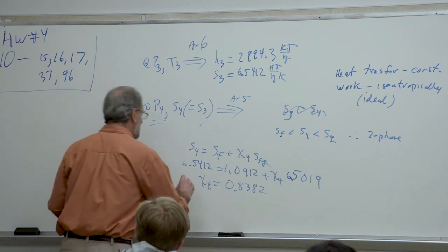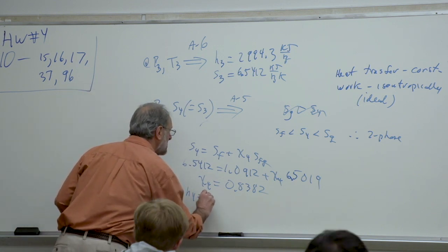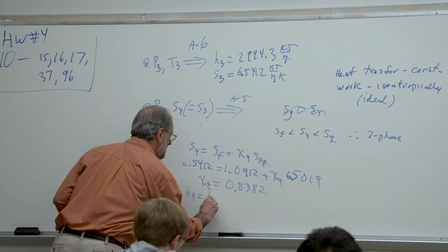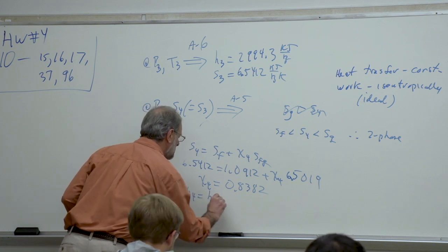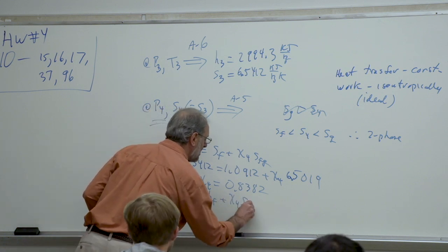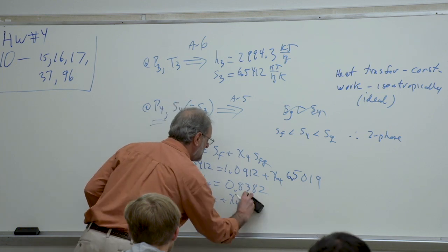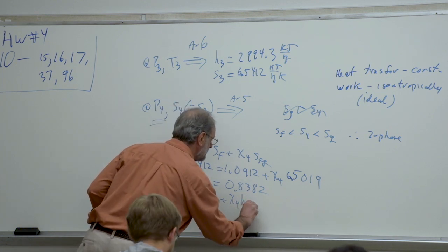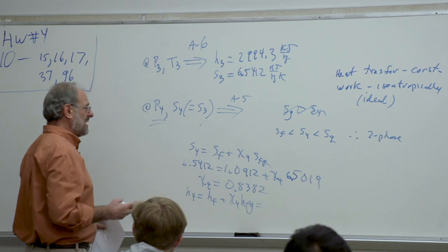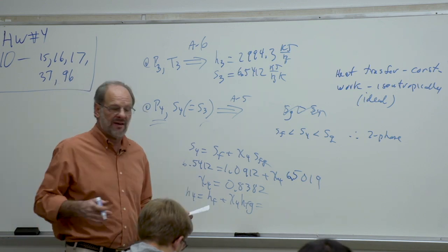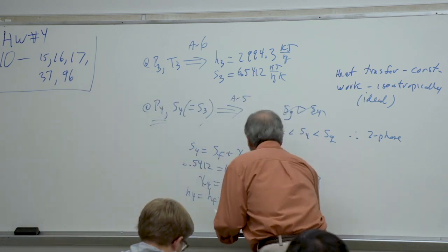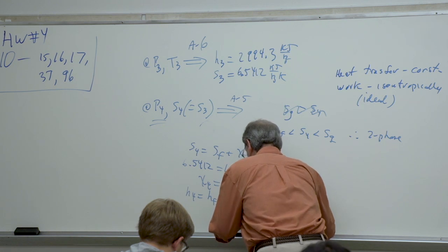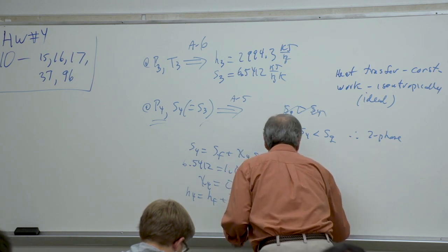And now that we have the quality at 4, let's use the same equation that we did above, but now with enthalpy. H4 equals HF plus the quality times HFG. So again, let's plug in the numbers. At 50 kilopascals, HF is 340.54.